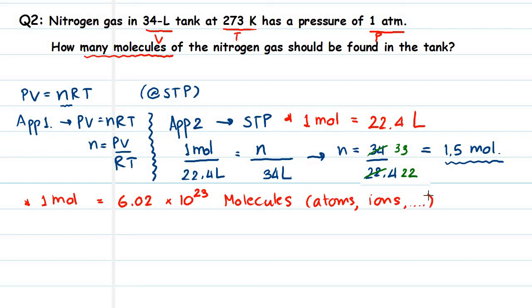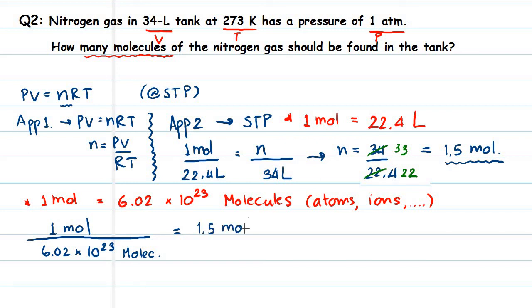But it has to be 6.02 times 10 to the 23rd, and in this case, molecules. So we know that 1 mole is equal to 6.02 times 10 to the 23rd molecules.